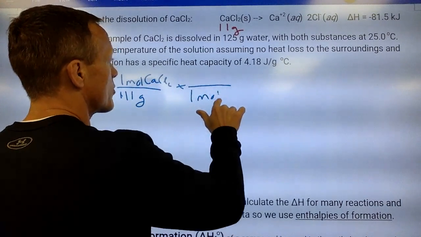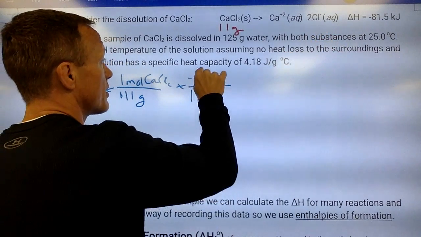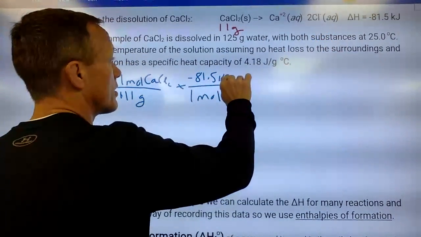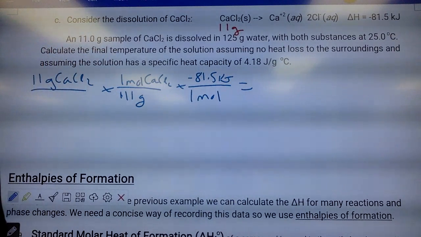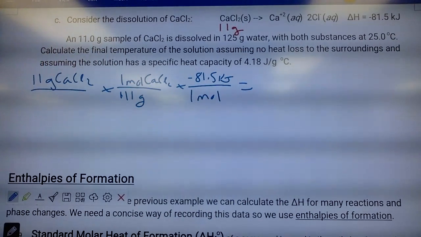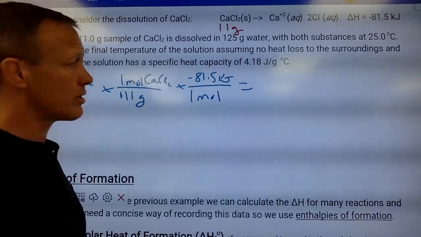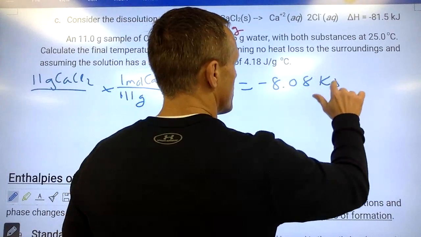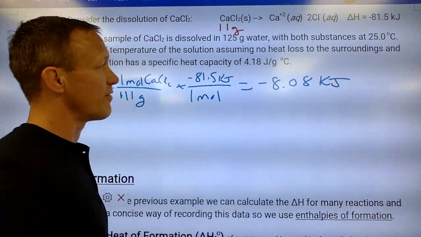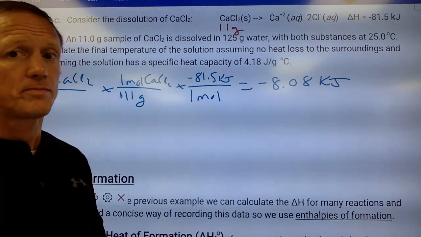And then we know that every mole of calcium chloride that dissolves gives off 81.5 kilojoules of heat. So we get about 8.08 kilojoules of heat given off when 11 grams of calcium chloride dissolves.